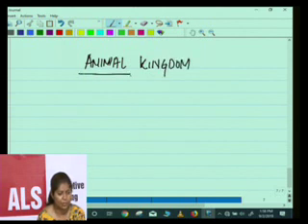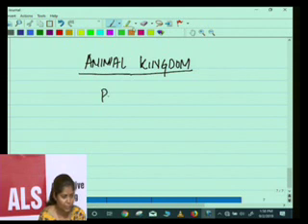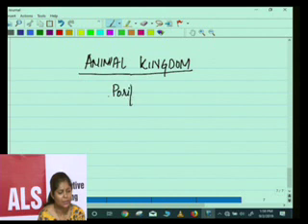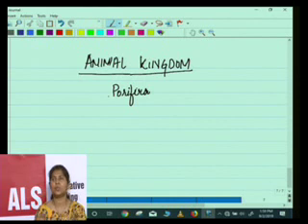Dividing the members, or we will be just classifying them in different phyla. What are the phyla? Let's see. First and foremost, we will start up with Porifera. Before you start copying, make your copy horizontal so that you get a lot of space on the sides, and write these particular phyla in the center.